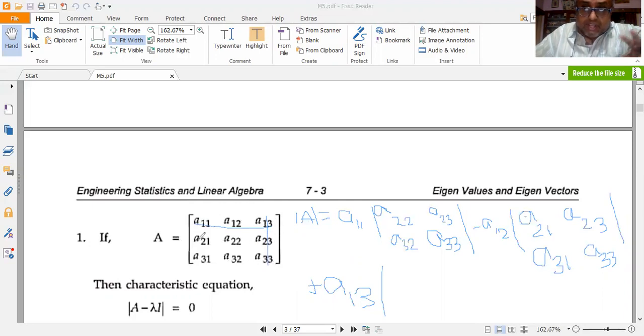Arrange the elements that are not under the deletion corresponding to A13. So this would be A21, A22, A31, A32.